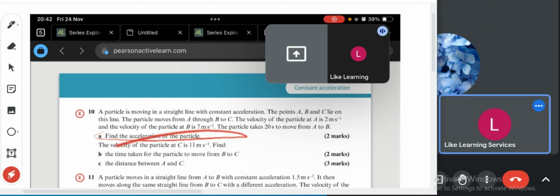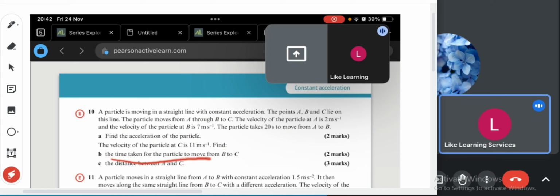Alright, so you said this one is 7 minus 2 over 20. That's final minus initial over time, 20 seconds. So 7 minus 2 over 20 to get the acceleration. The velocity of the particle at C is 11 meters per second.